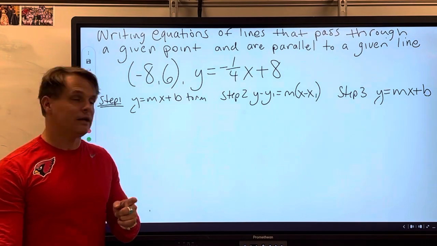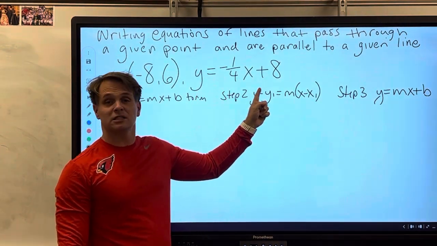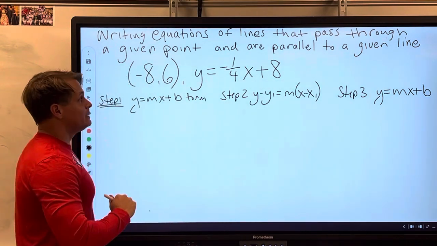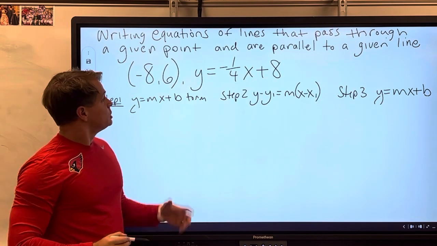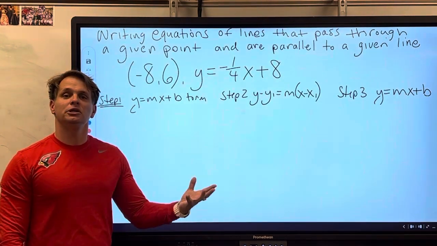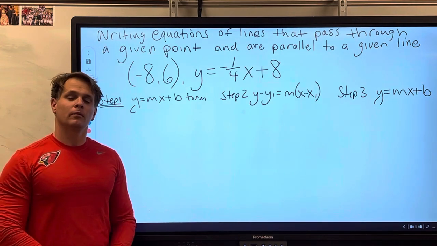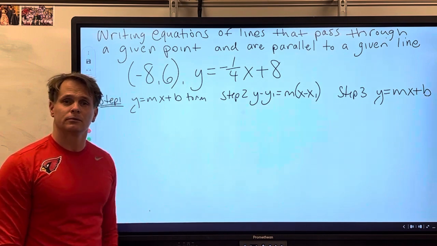I want you to write an equation that is parallel to this line, y equals -1/4 x plus 8. But not only does it have to be parallel to that line, it's got to also go through this point. Go ahead and press the pause button. Go ahead and try it. See what you get. When you're done, press the play button. Watch me do it. Let's see if we have the same answer.